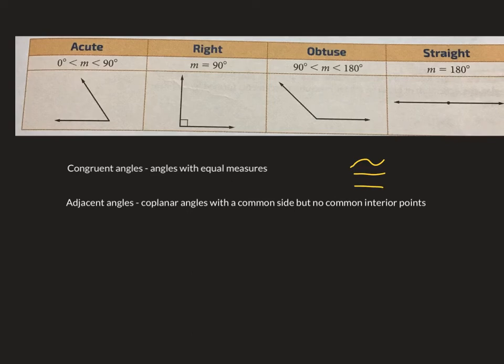So let's say that we have, let's go with A, B, C, D, right? So there are lots of different angles we have here. Technically we have angle ABD, right?